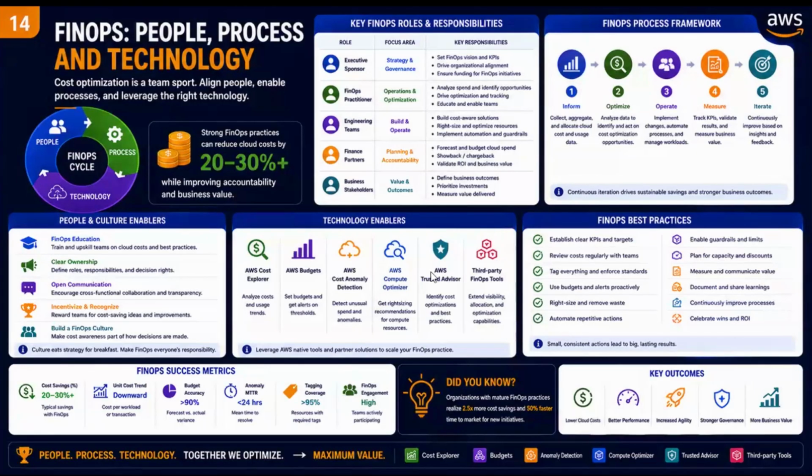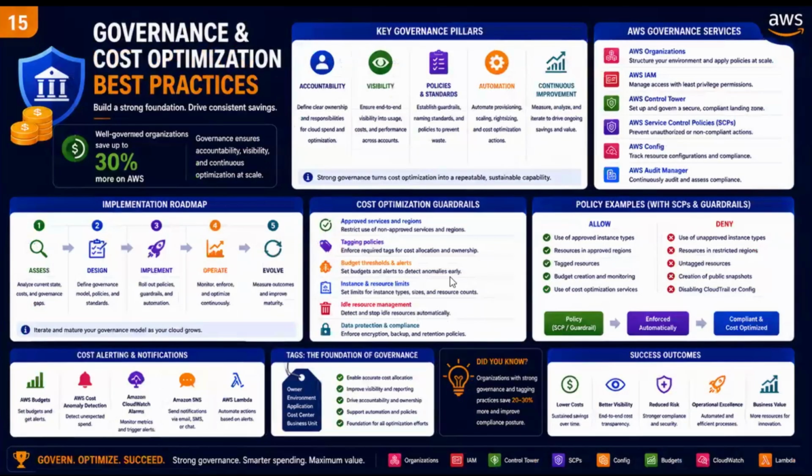It is also a culture, where FinOps education mostly impacts your cost optimization strategy. Every organization, small, medium, or big, should follow this process to relate the financial and operational things in the AWS environment. So this is the main thing with FinOps, and the next is governance and optimization best practices.